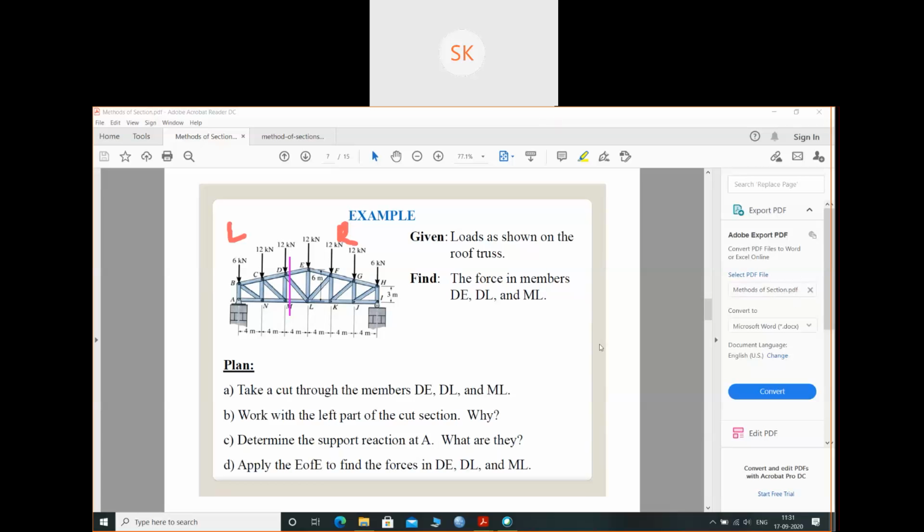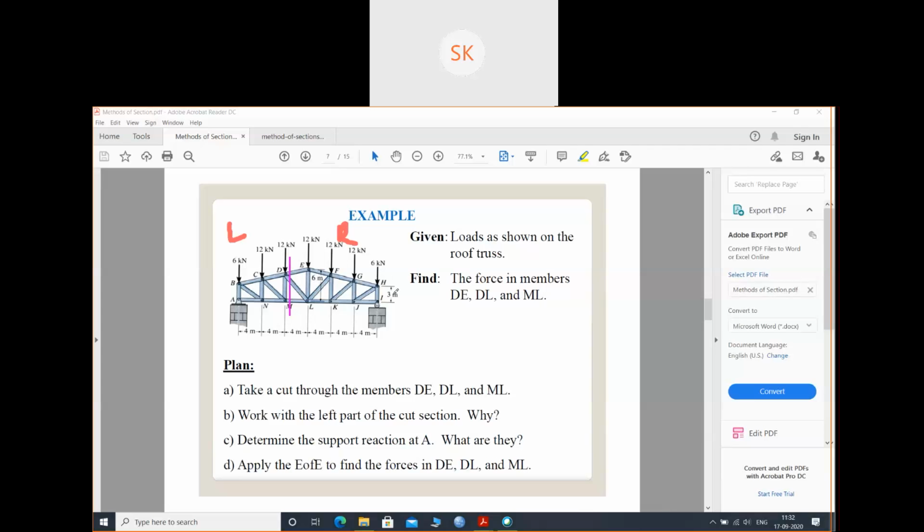We have to find the support reactions, then some forces, then I can come to here. So this part is shorter. If I solve this part, then I'll get the members in this part and my work will be easy.